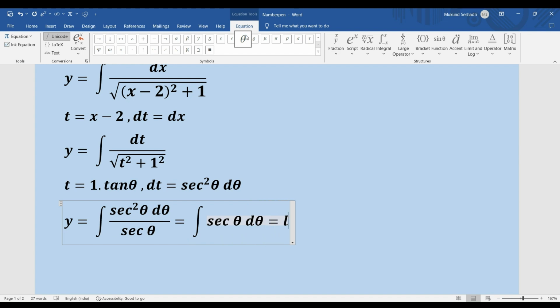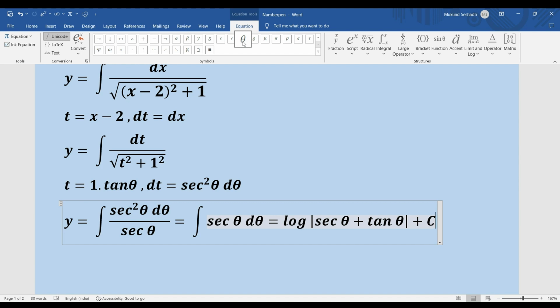It's nothing but log of secant theta plus tan theta. And those of you who are wondering how I arrived at this, kindly take a look at the video for integral of secant x dx. I've put a link to that particular video in my description. So what we have is log of mod of secant theta plus tan theta plus c.